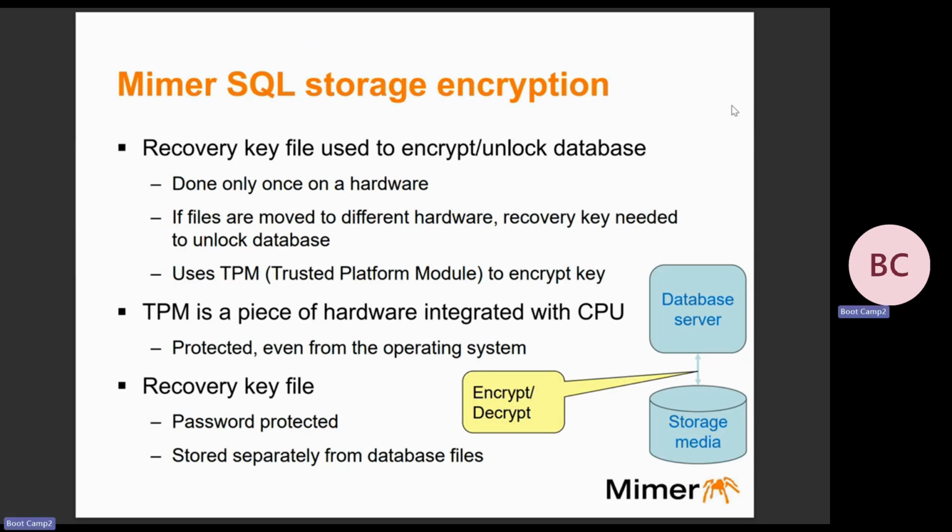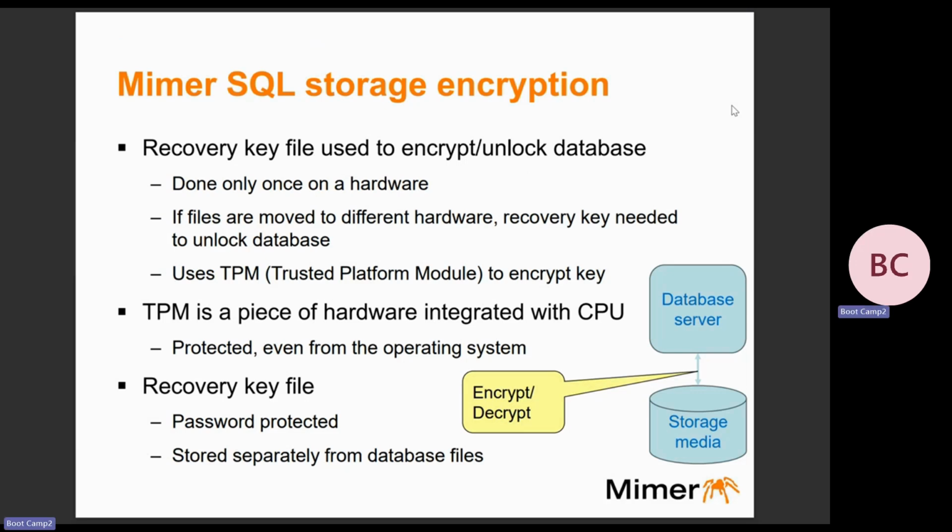You have a recovery key for the database. You take your recovery key and you can put this somewhere else, on a USB stick or on another machine in the network, so you don't keep it together with the database. If your files are taken by someone, you don't want to give them the recovery key file.